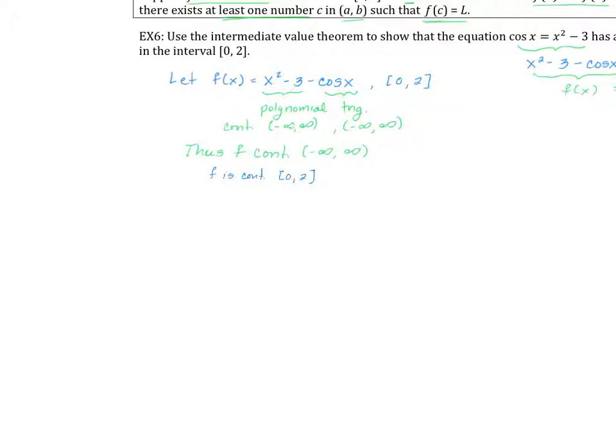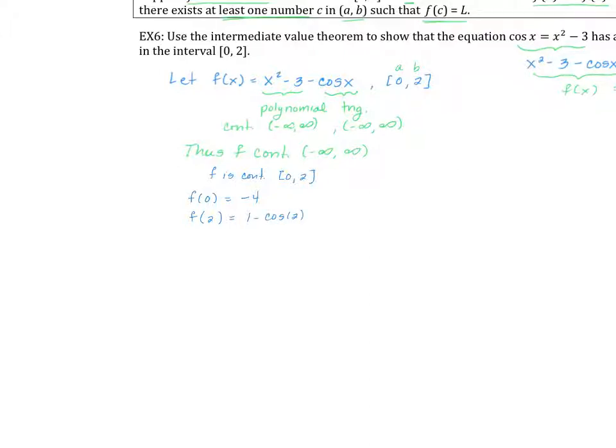So this would be my A, and this would be my B. So f of A is f of 0, and f of 0 is going to be equal to -3 minus 1. So that's going to be -4. And f of 2 is going to be equal to 4 minus 3, so 1 minus cosine of 2.